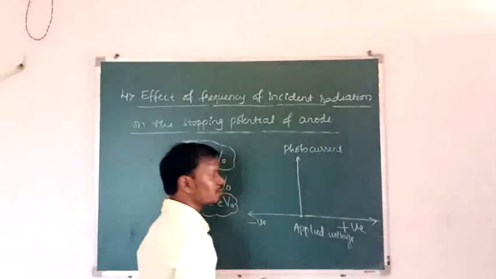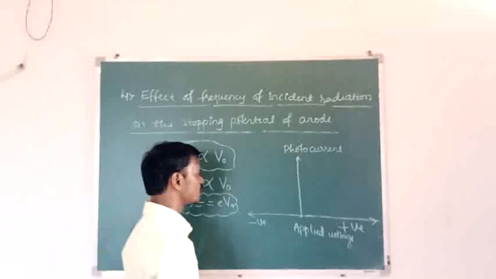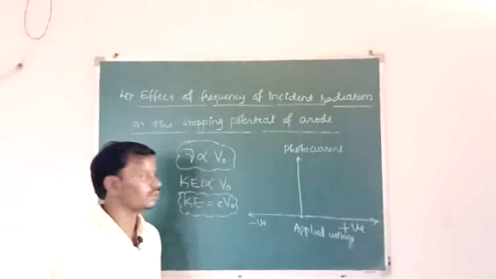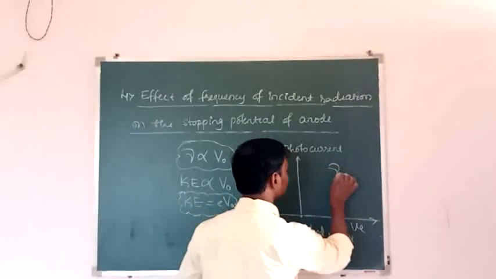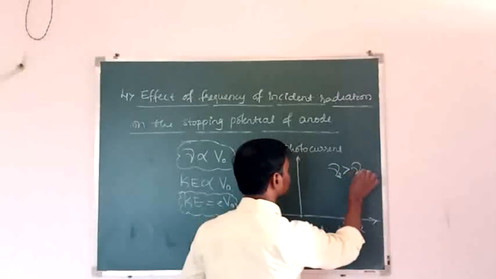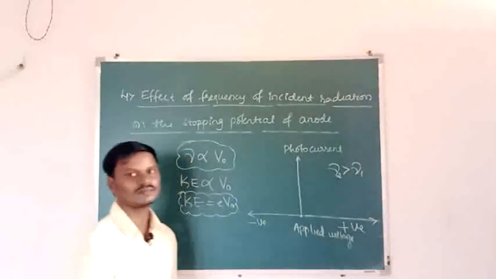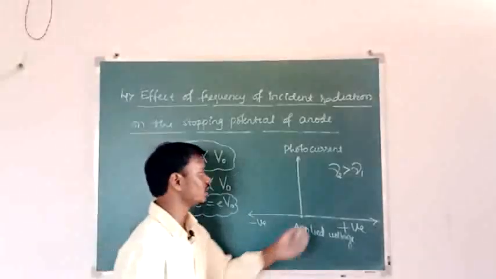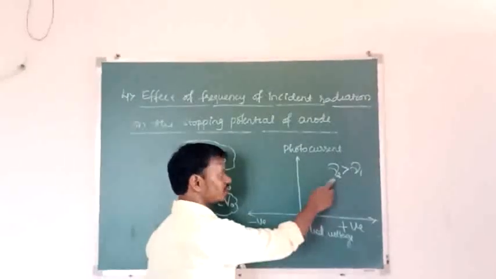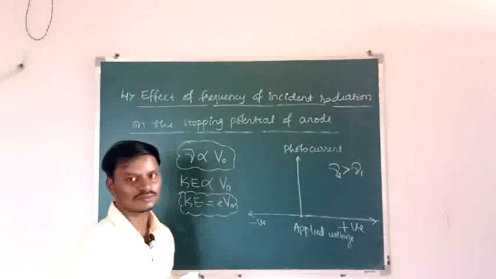Then I will take two frequencies here. One frequency is nu2 and another frequency is nu1. If the frequency nu2 is greater than nu1, then for which frequency do we require maximum stopping potential? That is for nu2. Frequency more means we require maximum stopping potential.